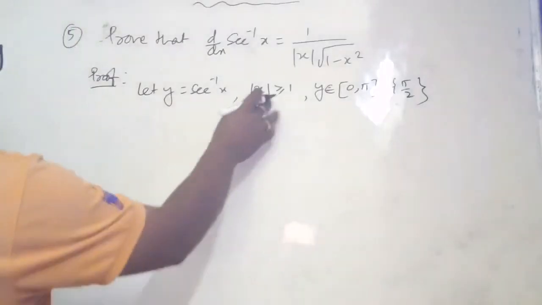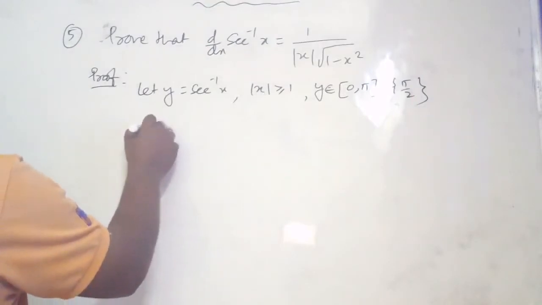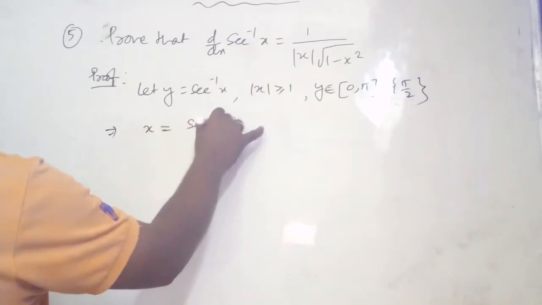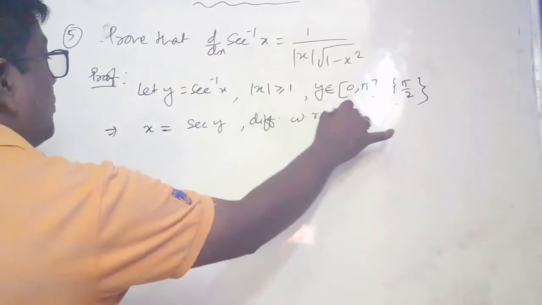So this is equal to x is equal to sec y. Differentiate with respect to y.